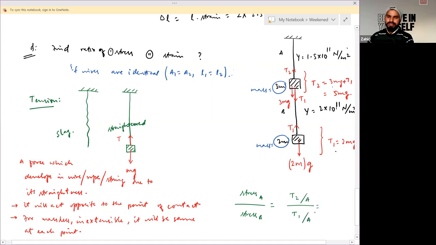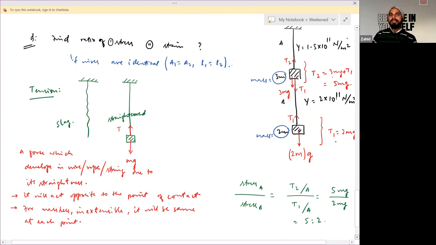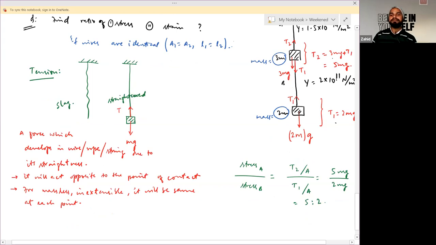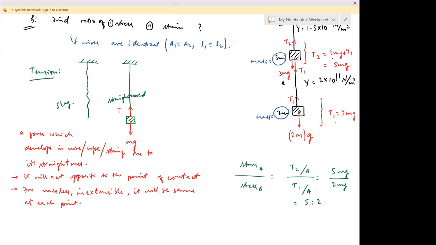Area is the same, so these two will cancel out. T2 is 5 times mg and T1 is 2 times mg. So mg and mg cancel out, and you'll get 5 is to 2. Is it clear? Yes. Okay, just write it down.